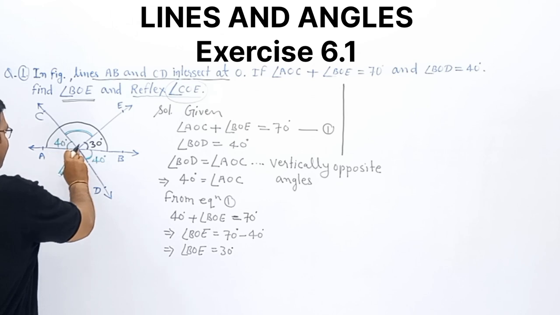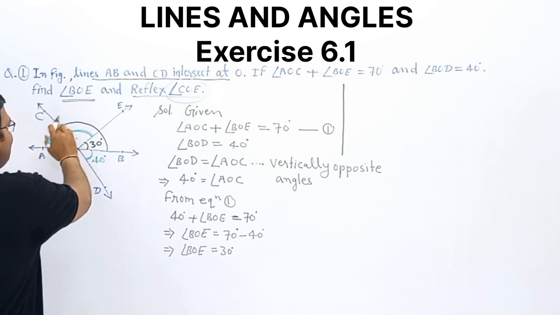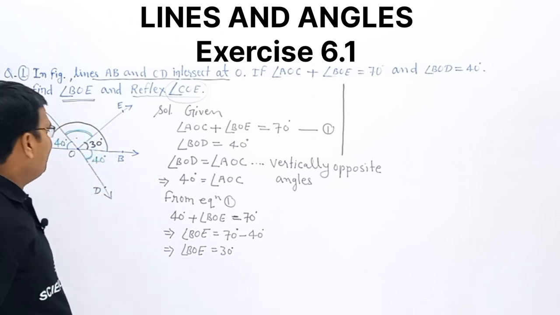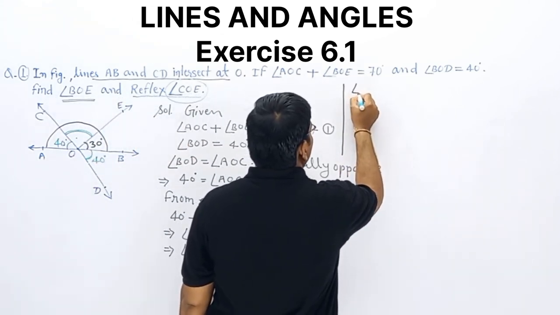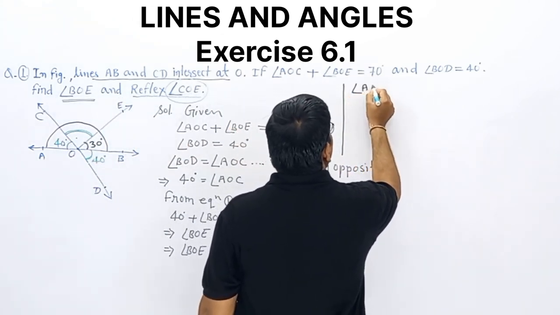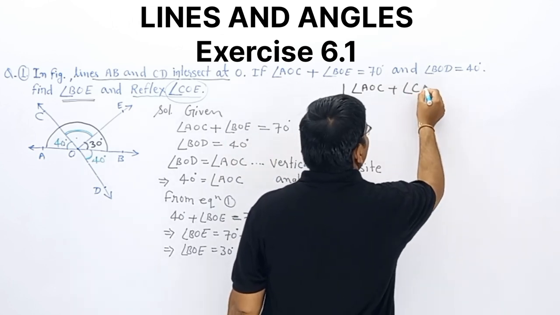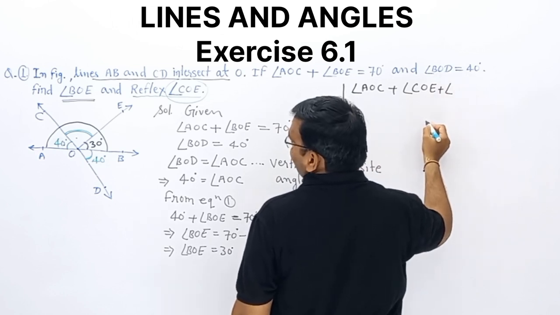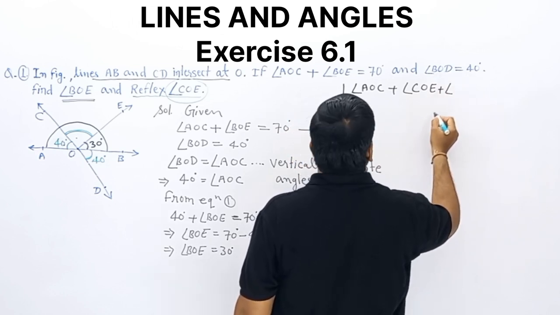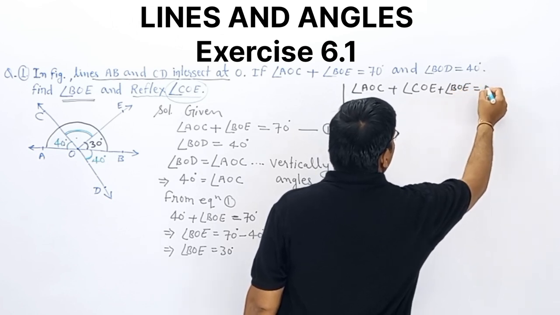At this point we have three angles, and the sum of all of these will be the straight line angle, 180 degrees. So we can say angle AOC plus angle COE plus angle BOE, and the sum of these three angles will be 180 degrees.